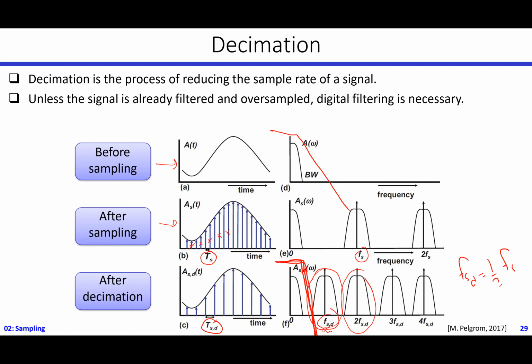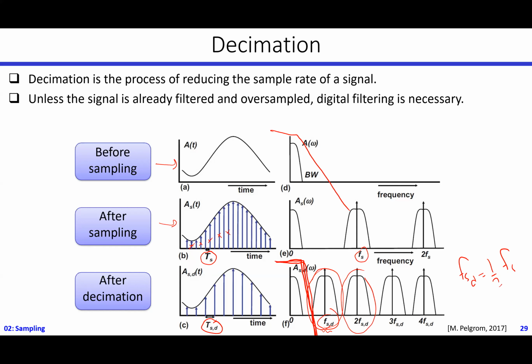Your target initially is to use an FSD, this low sampling frequency. That was your original target for your application. Now, if you were to use this one, you would need a sharper anti-aliasing filter in the analog domain, and that will make your design more complex.